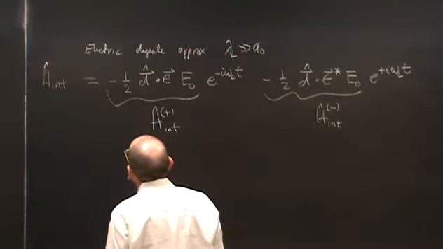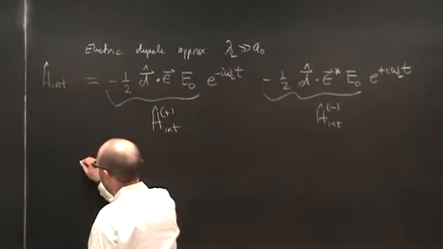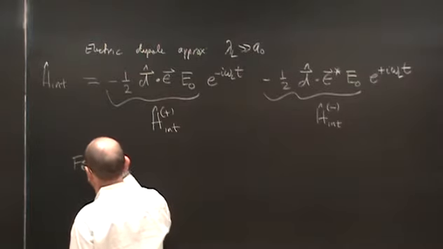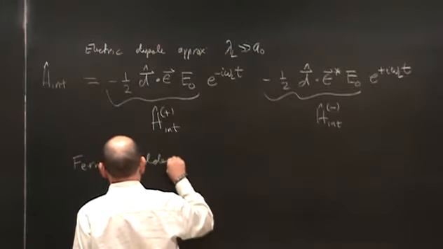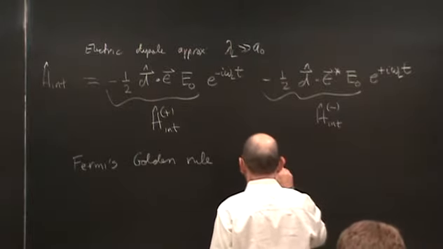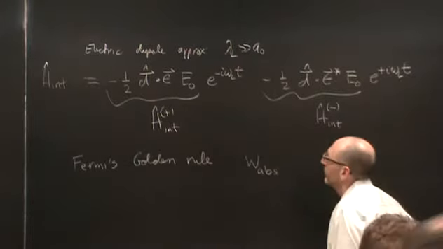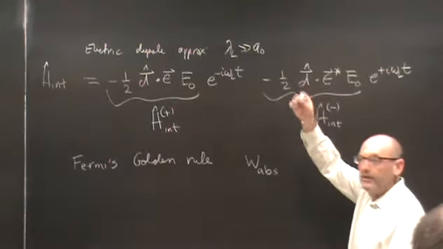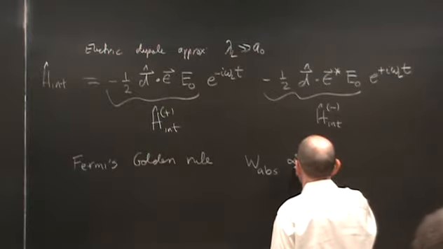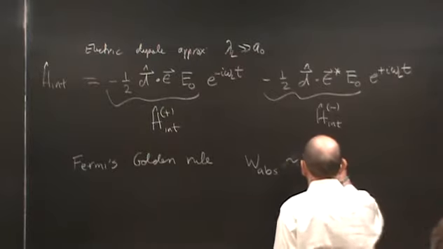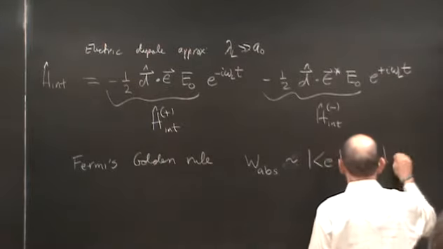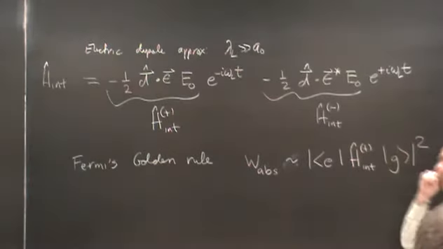So what we have, for example, in Fermi's golden rule is that the rate of absorption from some ground state to some excited state is proportional to the matrix element of the positive frequency component of this squared. Right?